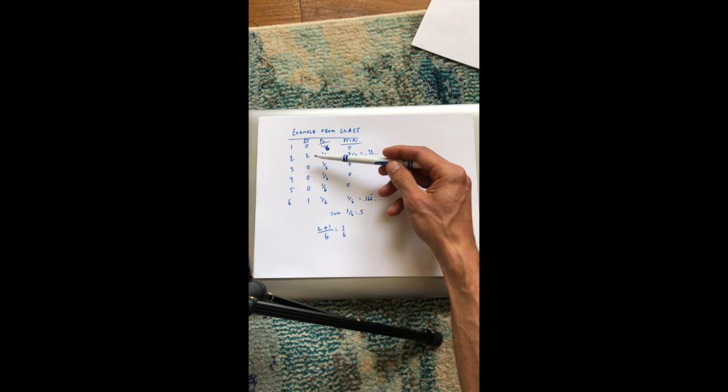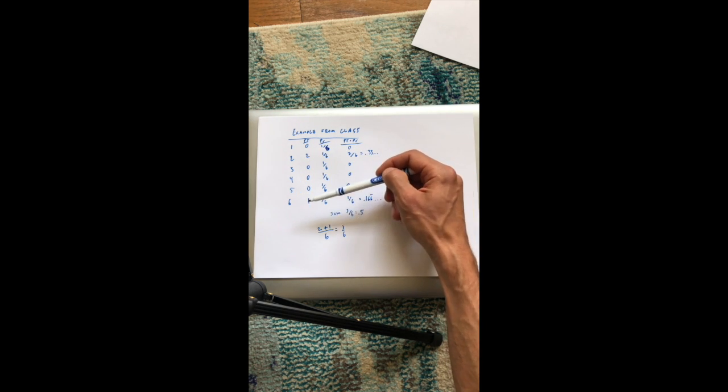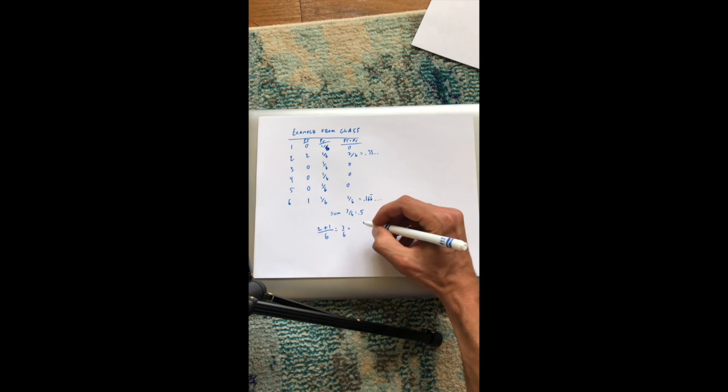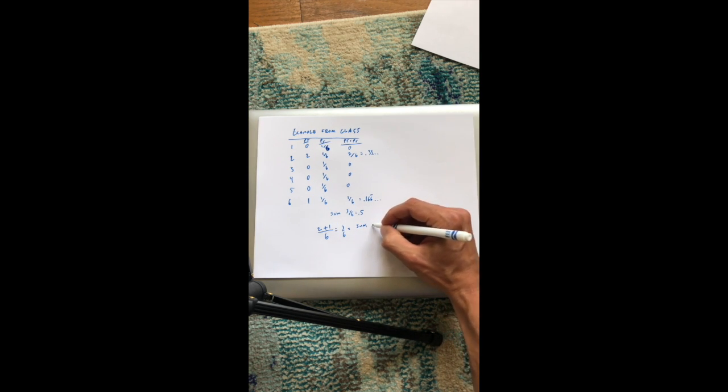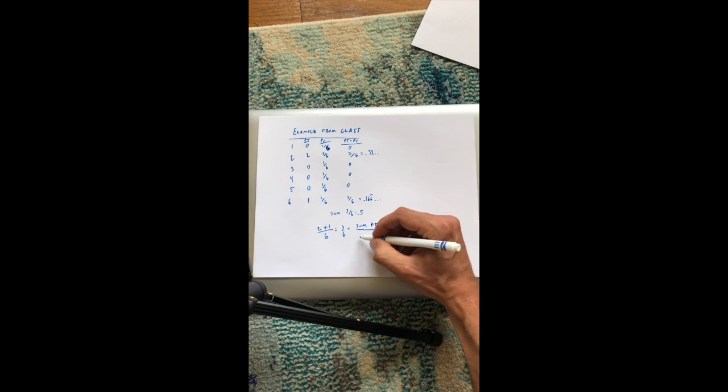So in other words, you sum the point values and divide that by, I guess, the number of outcomes.